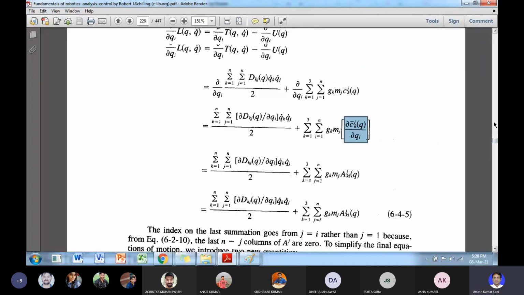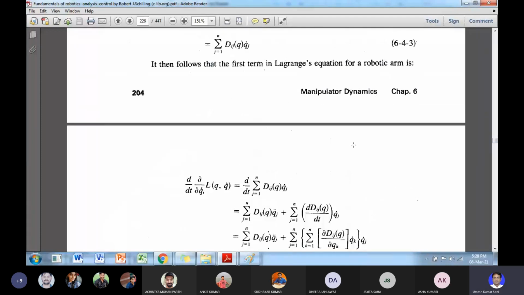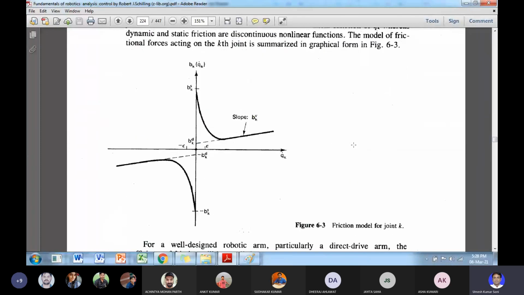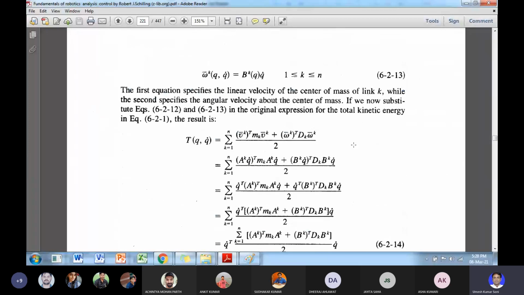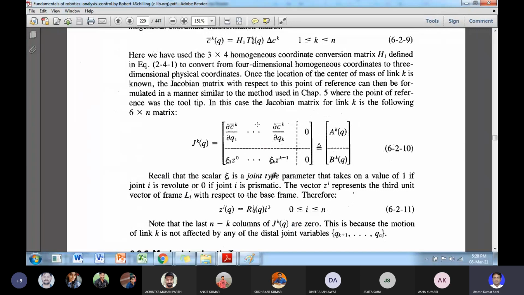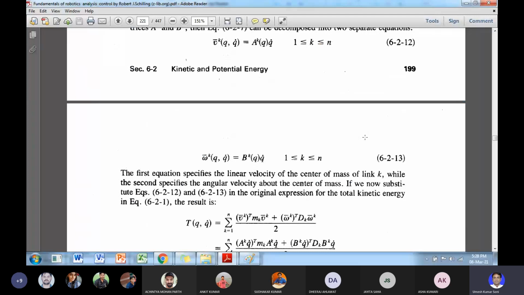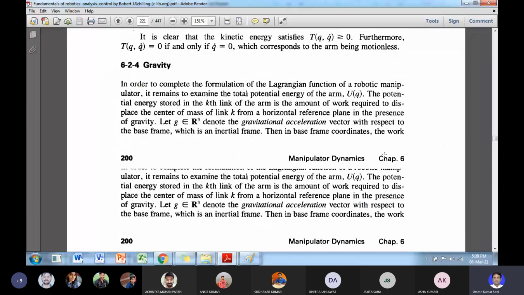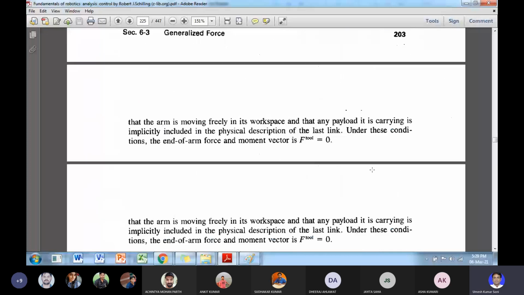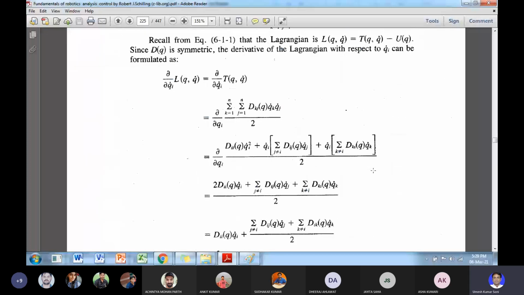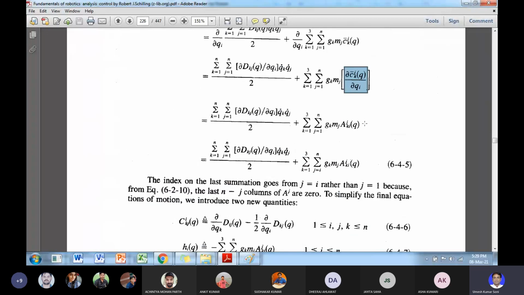I will tell you where you have defined it, 2.0.4. Here you have defined the a_k cube, so in place of delta c_k with respect to q it has been replaced by a_ki cube.